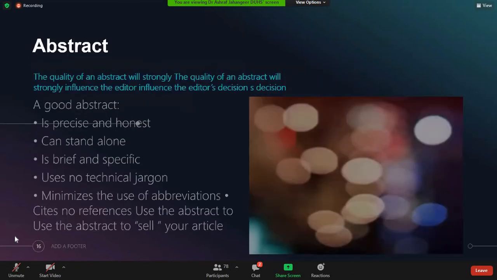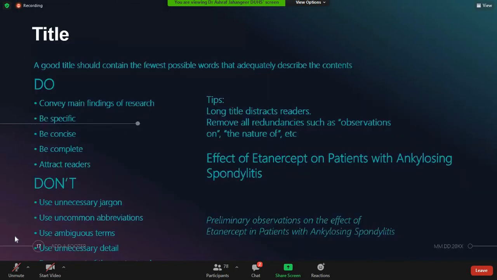So, in the end, you will write the abstract and then the title. For the title, you will face different styles and different guidelines. Some of the journals ask you to keep your title within 10 words or 9 words.